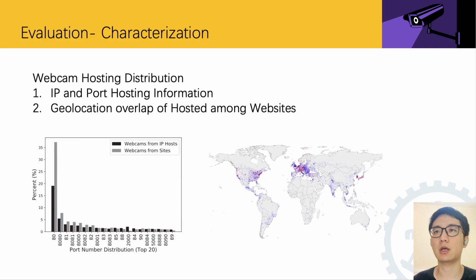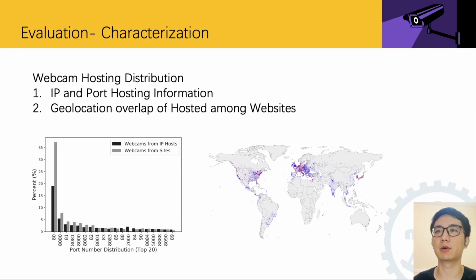We also compare the webcams between aggregation websites and IP hosts to identify their overlap degree. As for source IP address, we found that over 10% of webcams from aggregation sites also appear in the webcam set from IP hosts.